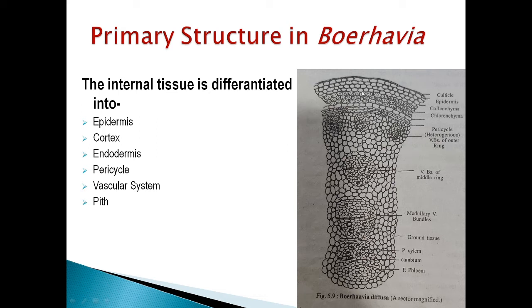This cortical layer is comparatively small but multi-layered, and it is differentiated into two zones: the outer collenchymatous layer and the inner chlorenchymatous layer. These two zones are present in the cortical layer.